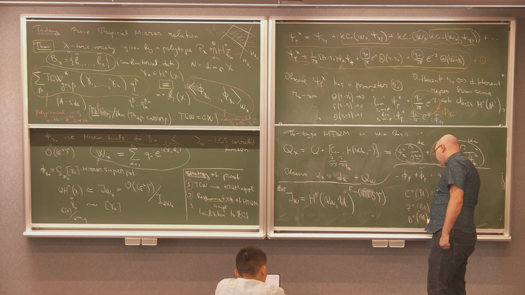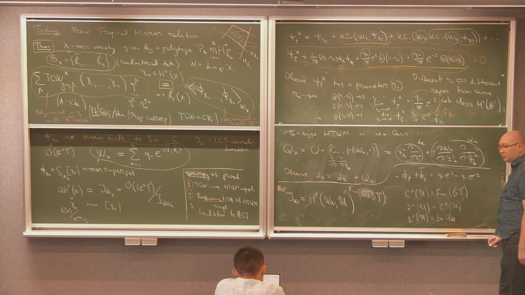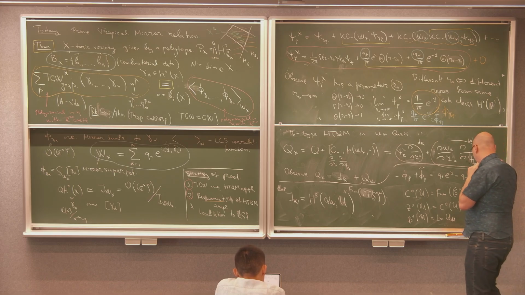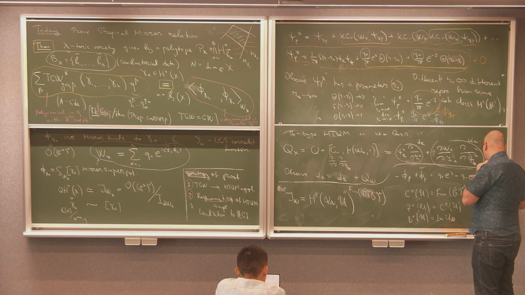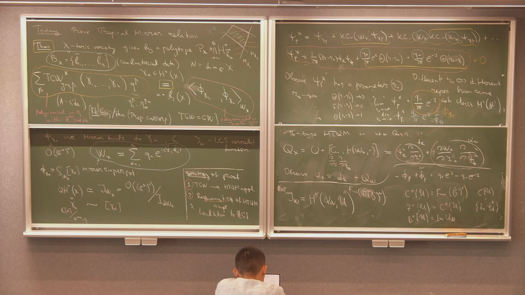For zero boundaries, we need to look at the image of this differential acting on one chains. So one chains, C1 of U, are essentially some function Fk of y multiplied by psi k phi.